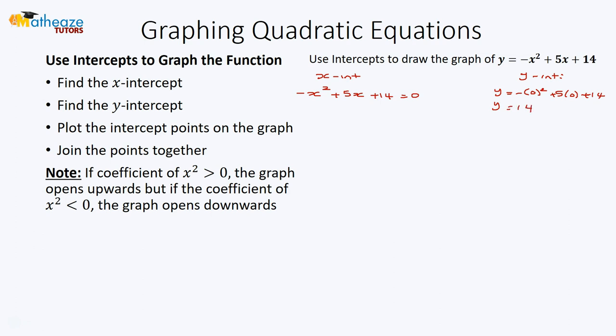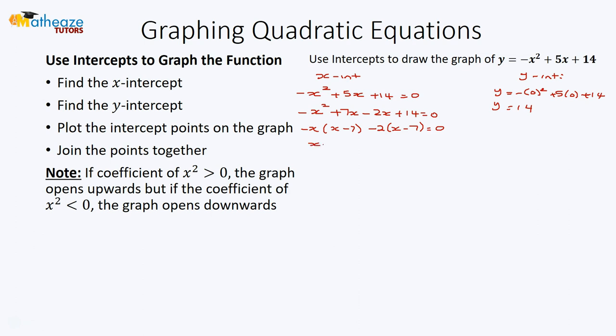Now let's factor this. So this is going to give us negative x squared plus 7x minus 2x plus 14. So I'm going to have negative x here, x minus 7, minus 2, x minus 7 equal to 0.